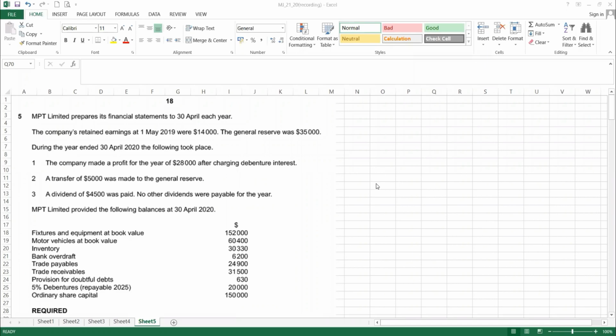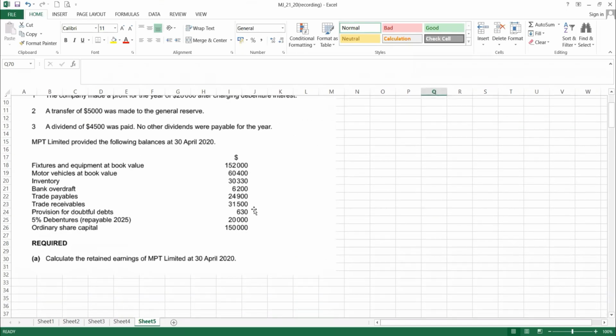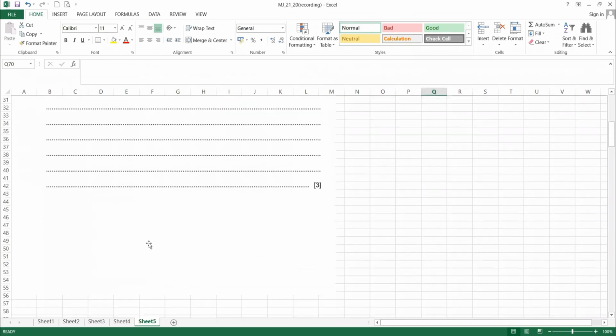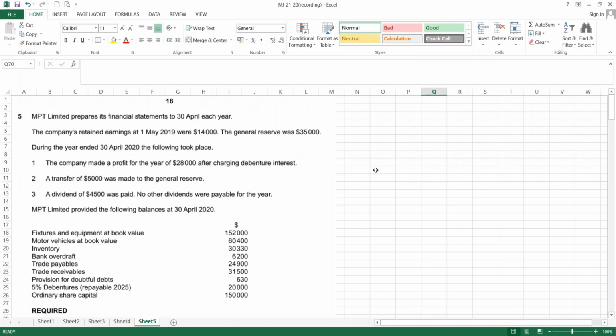Question number 5 for paper 21, May-June 2020. Okay. MPT Limited prepares its financial statements to 30th April each year. The company's retained earnings at 1st May 2019 were 14,000. The general reserve was 35,000.